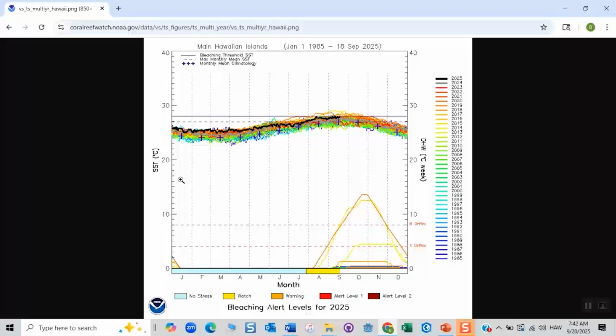We've got our sea surface temperature, which is what we're watching, and degree heating weeks on this side, which tell us what's happening with these orange and yellow lines, the watches, the warnings, and all that. The dark blue is back in 1985, and as we get closer to today's date, the black line is 2025, you'll see it runs in a rainbow kind of pattern.